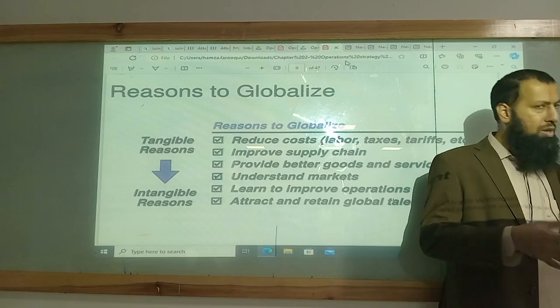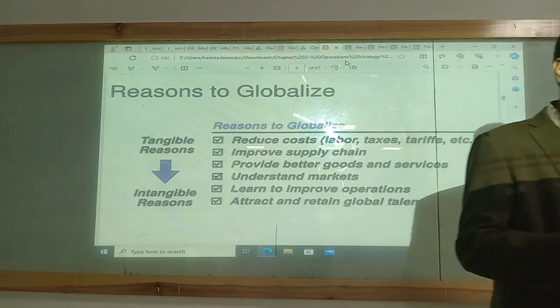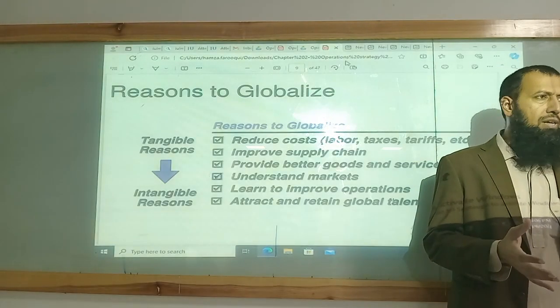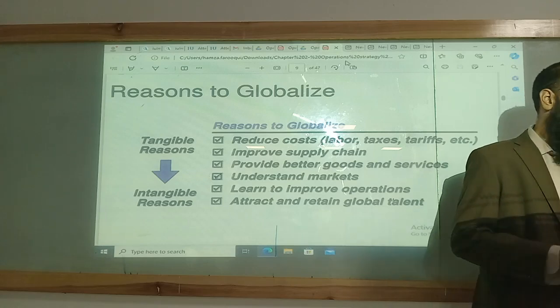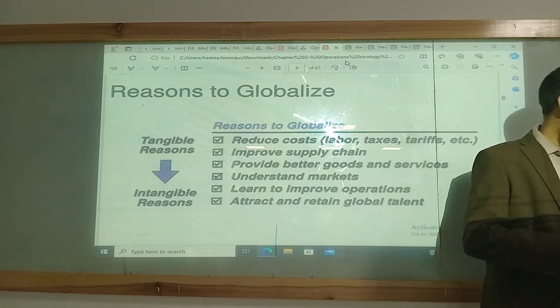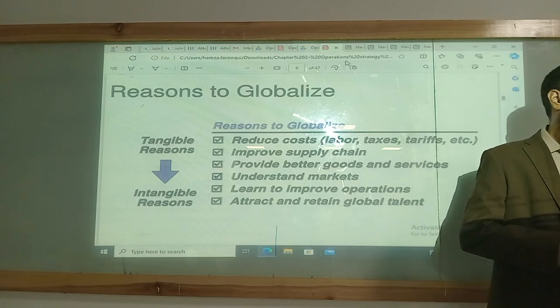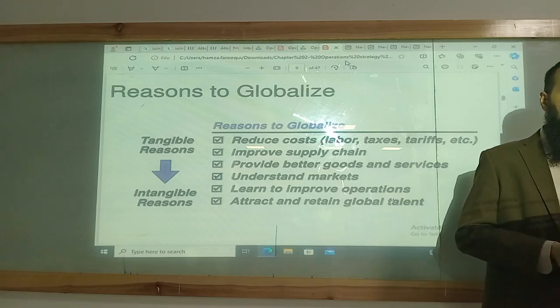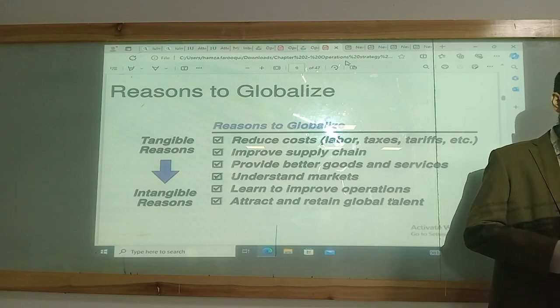People are coming. For example, Karachi city, very interesting. Across Pakistan the scenario is pretty different compared to Sindh. In Sindh there is too much influx and inflow in Karachi city compared to other parts of the country. In Lahore there is no such influx compared to Karachi.